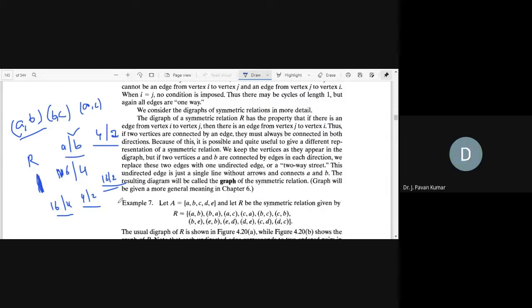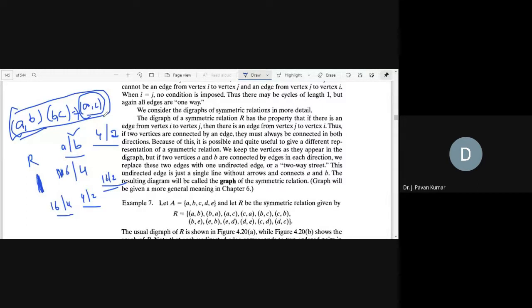Similarly, if a comma b belongs to R and b comma c belongs to R, then a comma c also belongs to R. If this condition is satisfied, whenever a comma b and b comma c belong to R, a comma c must belong to R, then we call such a relation a transitive relation. I'm repeating once again: a comma b, b comma c belong to R, then a comma c must belong to R. Then we say such a relation is a transitive relation.